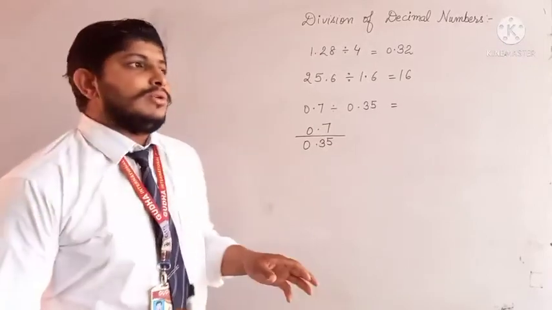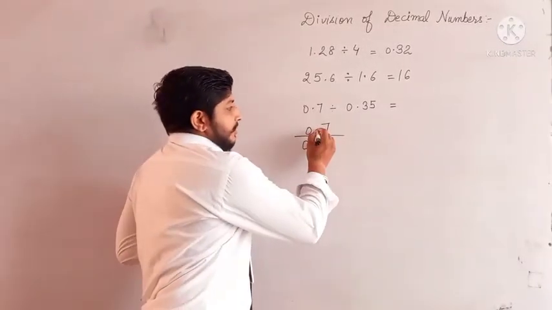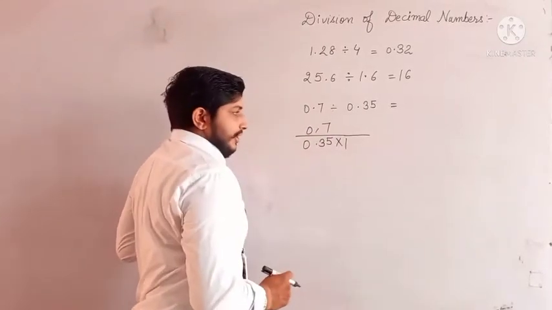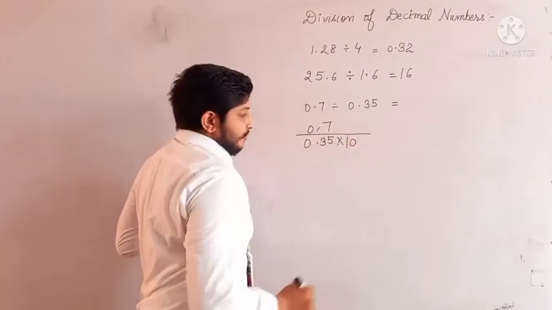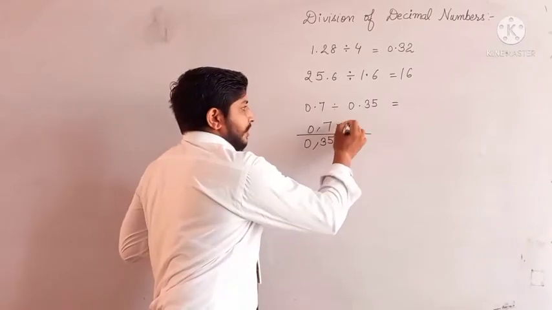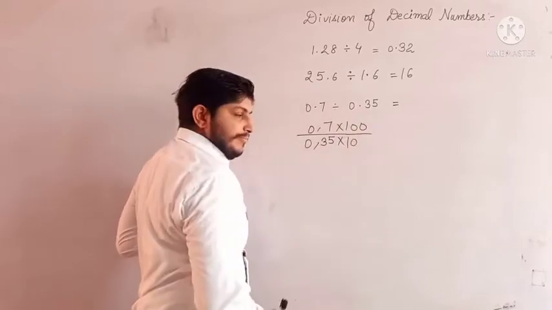So it is necessary to understand how we divide decimal numbers. To remove the decimal from the numerator, what do we do? We put 1 in the denominator, and thereafter the decimal has 1 digit, so we put 10 here. If we remove the decimal from the denominator, then we put 1 in the numerator, and there are 2 digits just after the decimal, so we put 2 zeros here.